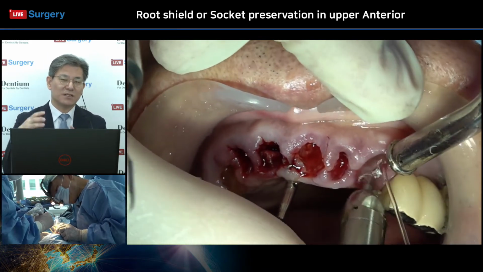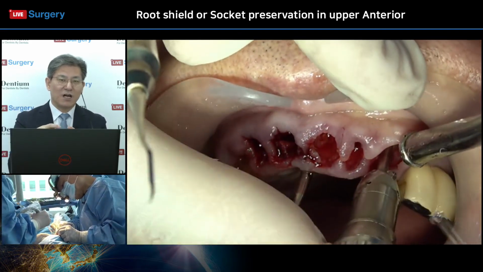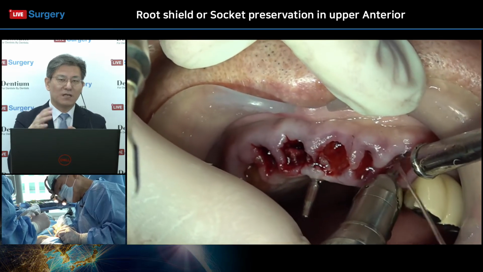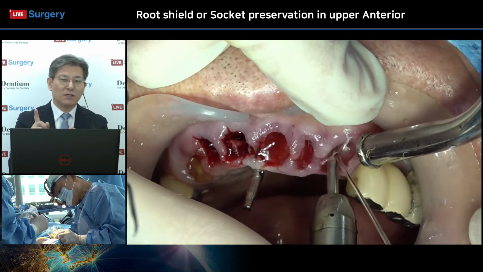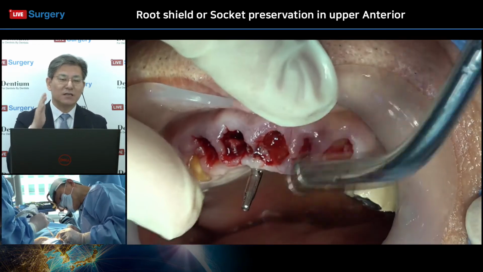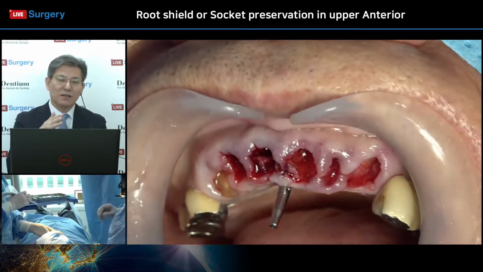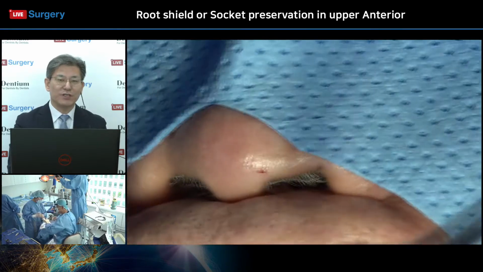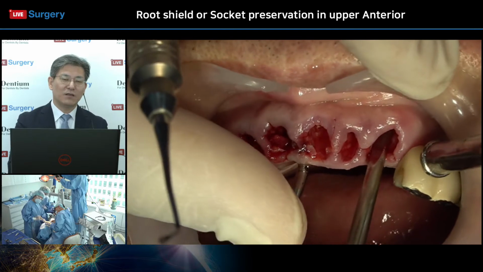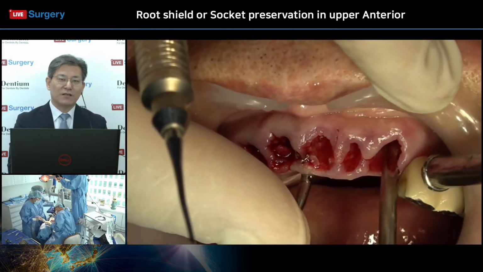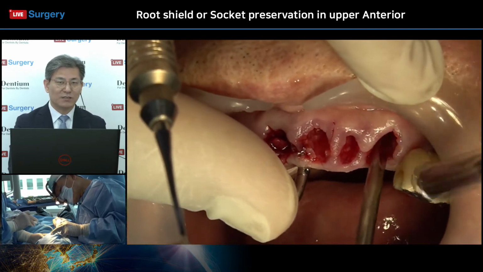Actually, first the socket size, then the estimated implant fixture size, and because of this technique, another consideration is to prohibit the implant surface from contacting the root sheath directly. Always forbid direct contact between the implant surface and the lamina of the tooth's sheath.